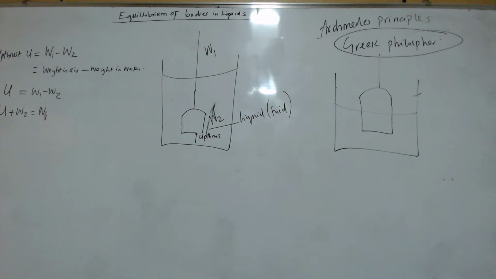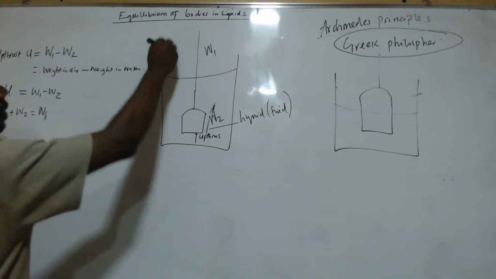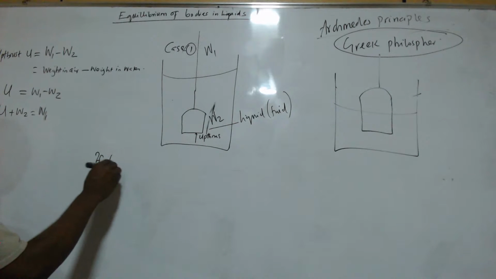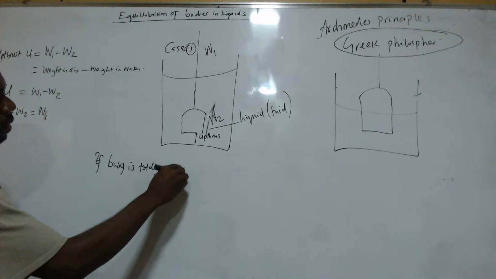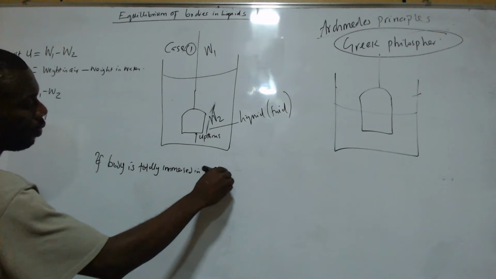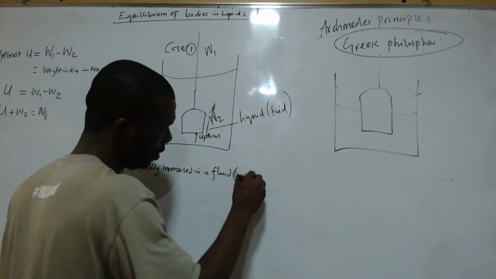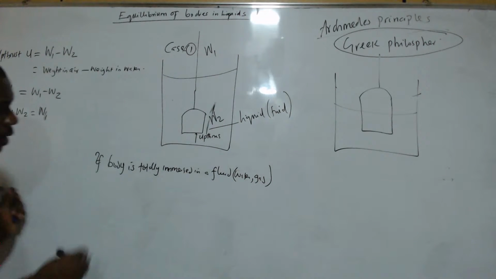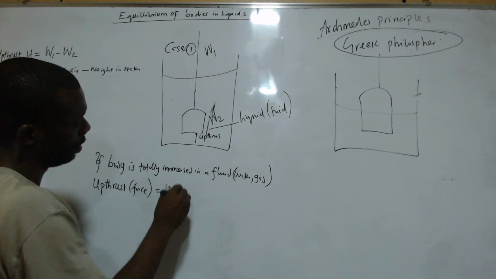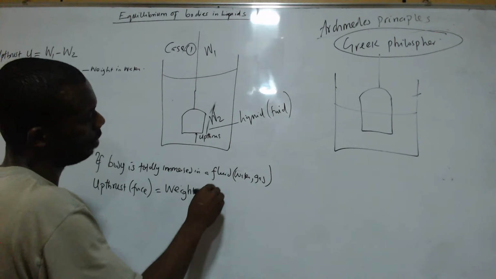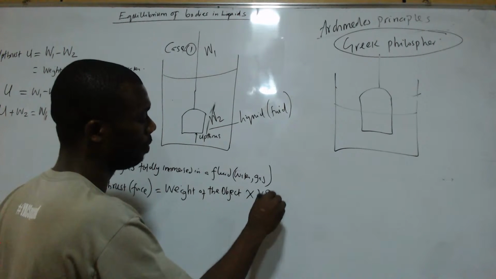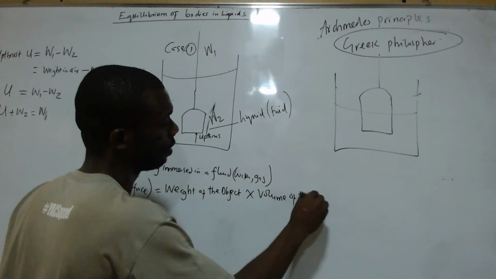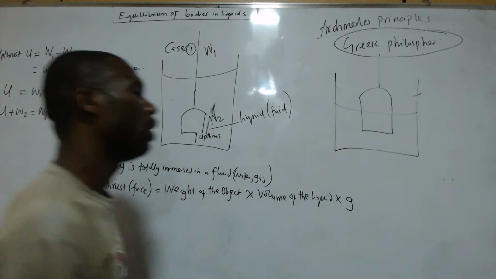Now, if the body is totally immersed in a fluid, like in case 1, which could be water or gas, the upthrust is equal to the volume of the object multiplied by the density of the liquid times g, or acceleration due to gravity.